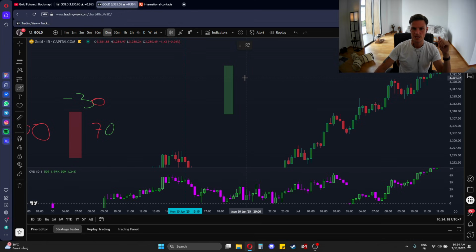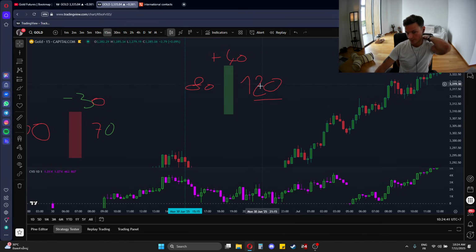Let's say you had 120 buyers and you had only 80 sellers. The candle went up. The delta would be plus 40, right? There were 40 more contracts bought compared to the sellers, right? So the candle went up.